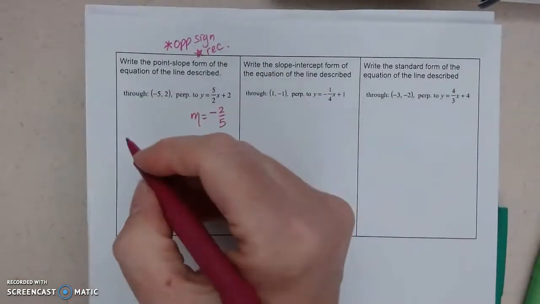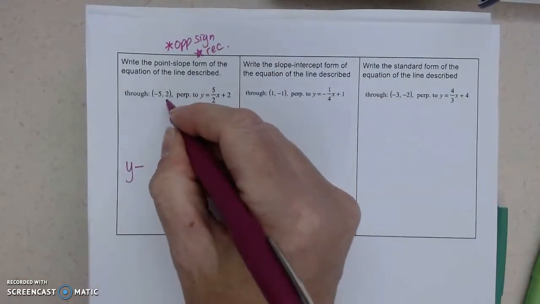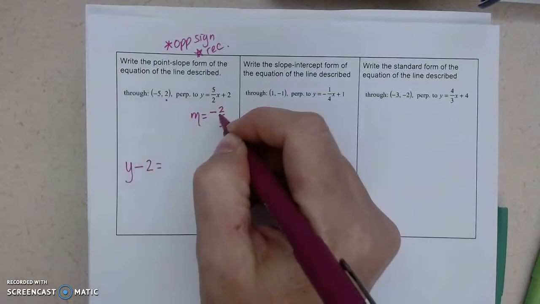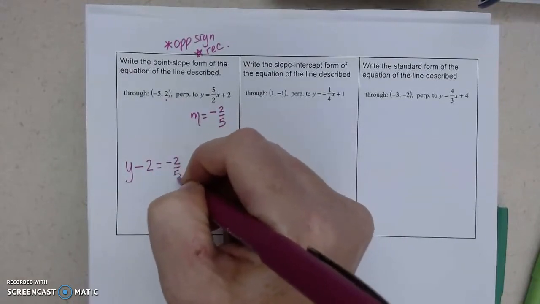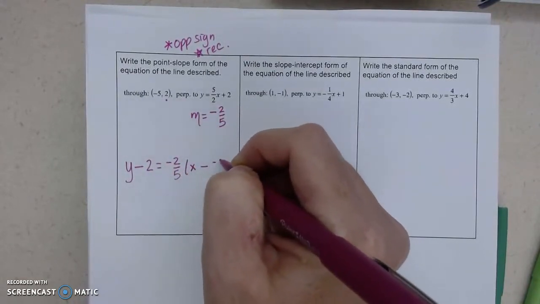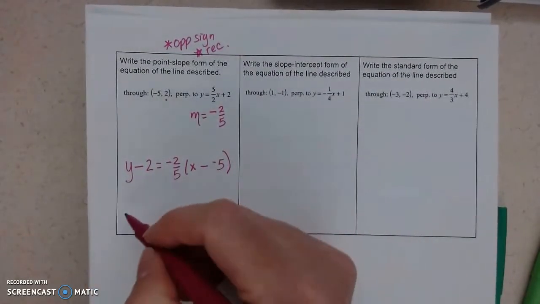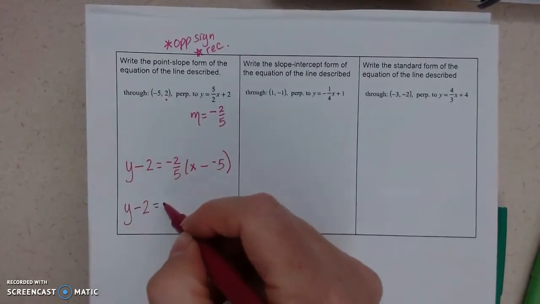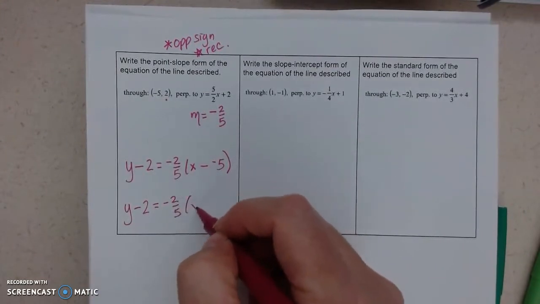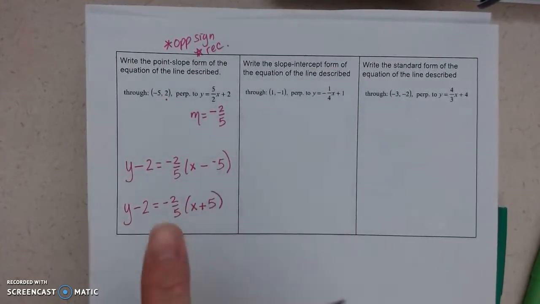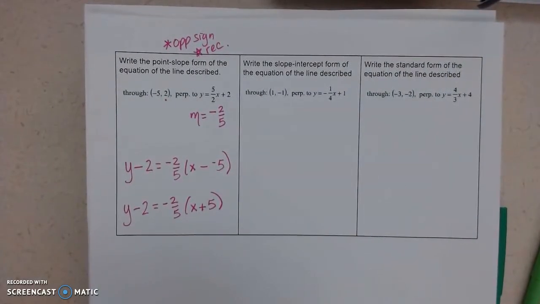So point slope is y minus our y equals our new m, x minus our x value. So the only thing we need to do is simplify our signs. And that's point slope form.